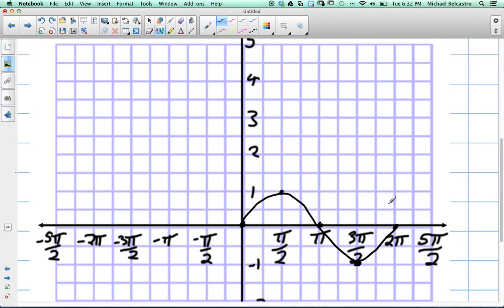And it continues this pattern. And that would be essentially our f at x is equal to sine x. Okay, and in this case, our a value would be 1. Our k value would be 1. Our d value would be 0. Minus 0, I guess, technically. And our c value would be 0.